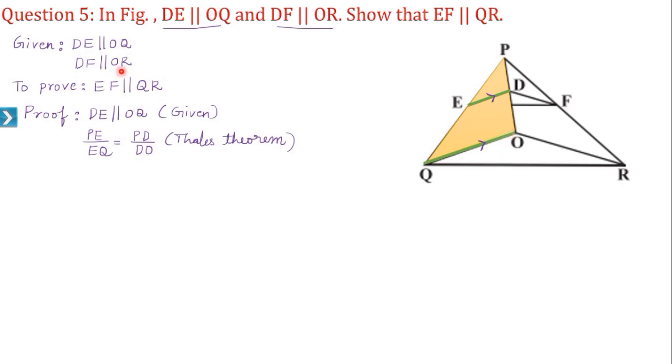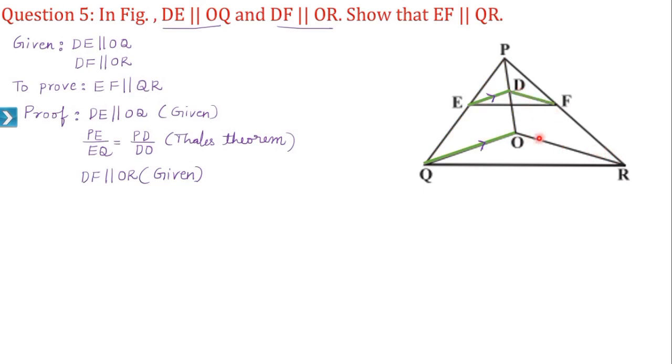Next, what is given? DF is parallel to OR. Now look at the figure.